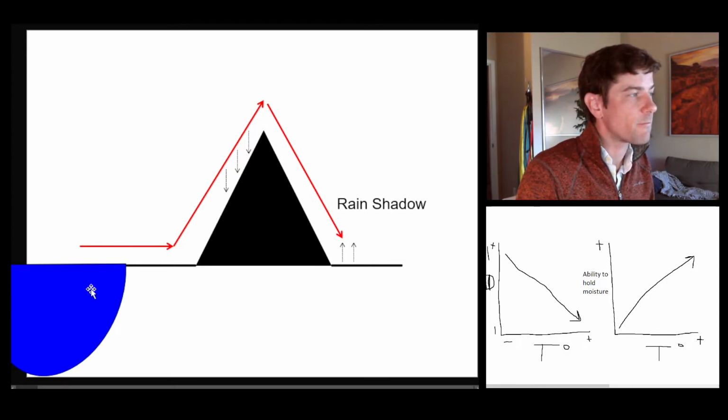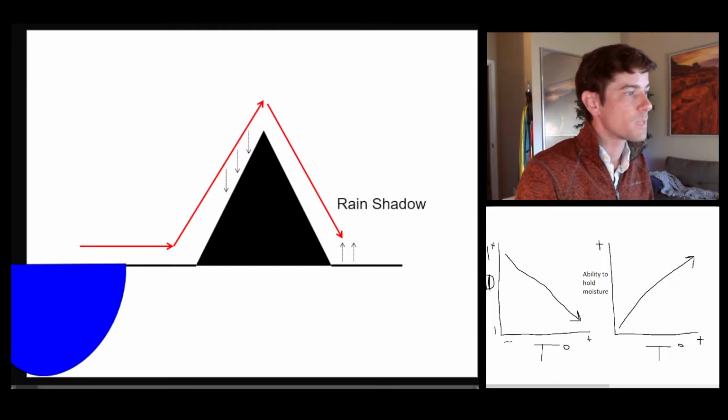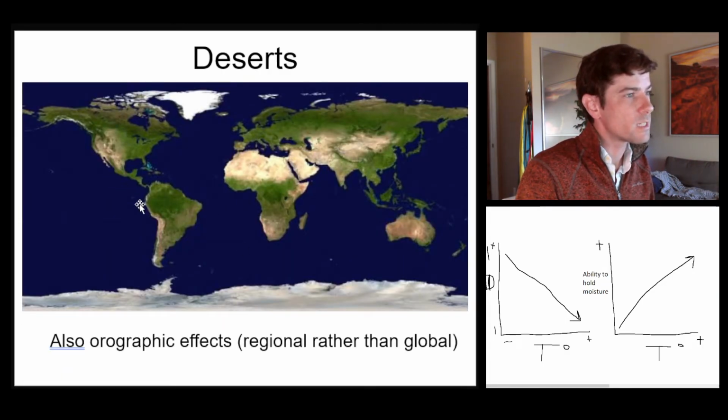And this effect has a name. It is the orographic effect. And so the orographic effect refers specifically to this. And if we go back to this, you can see this in a ton of different places on the Earth. Washington is a great example. Western Washington is a temperate rainforest, effectively. Eastern Washington is a desert. The Cascade Range is in between.